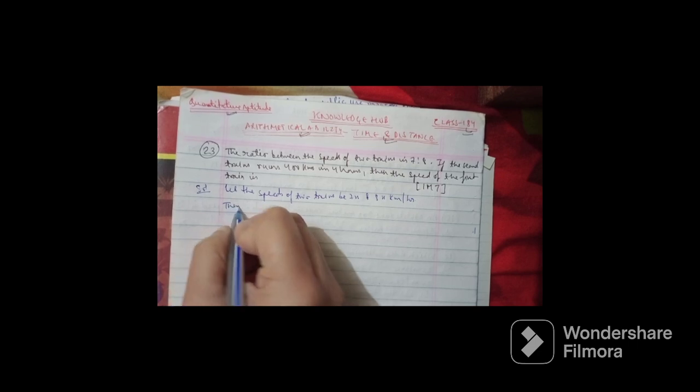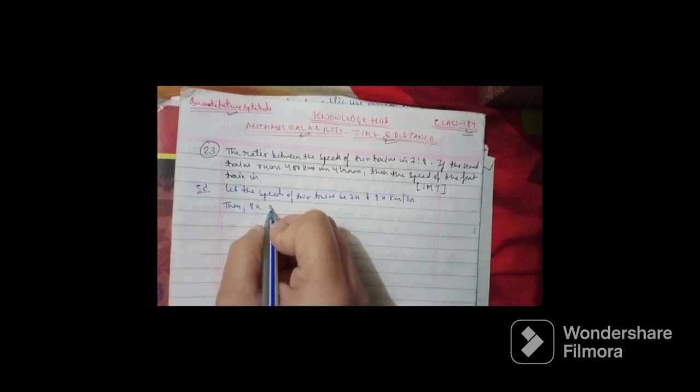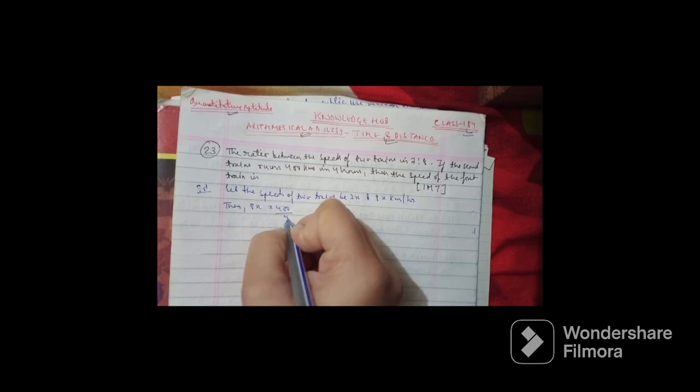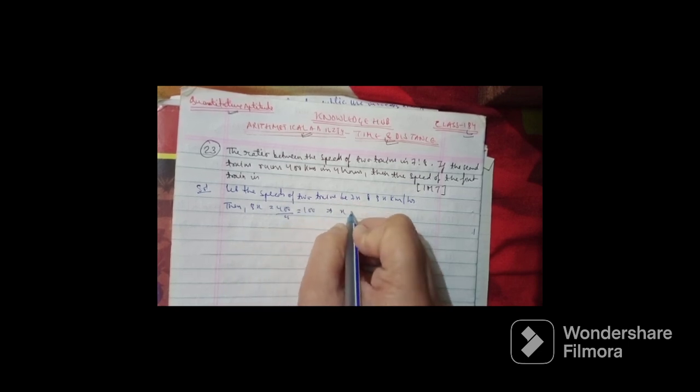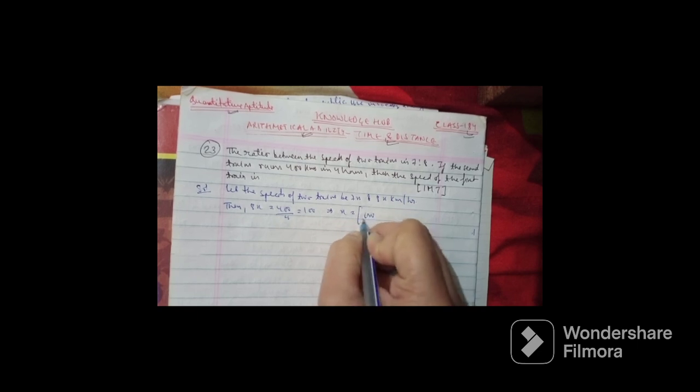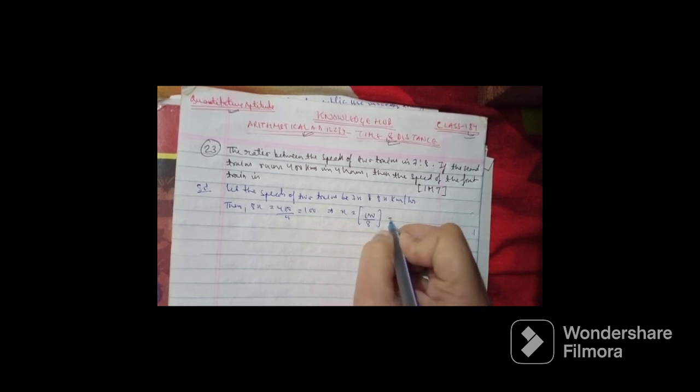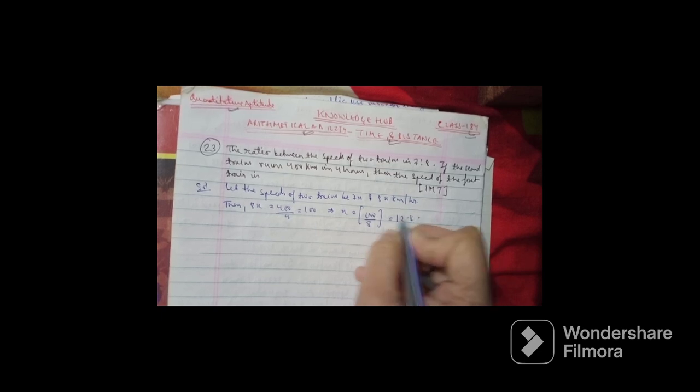Then 8x into 4 equals 400, so x equals 100 upon 8, which equals 12.5.